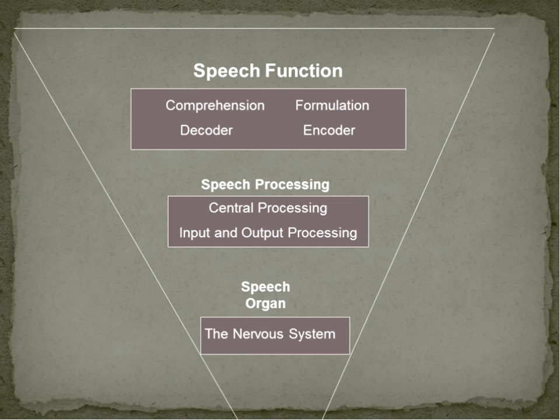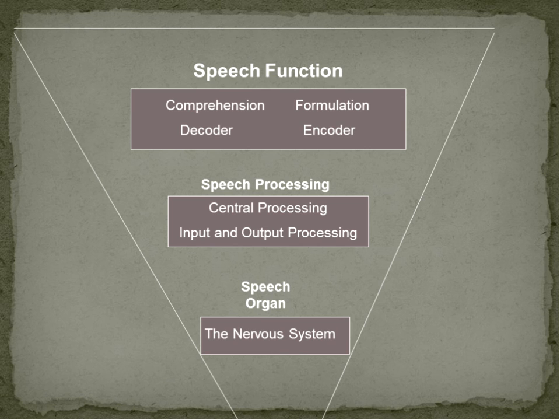Okay, so the nervous system is the speech organ that's responsible for output processing and central processing, meaning that information the ear receives, it decodes, then sends to another part of the brain that actually applies meaning. That is the speech function of the nervous system.